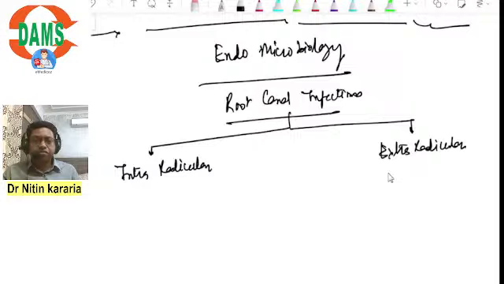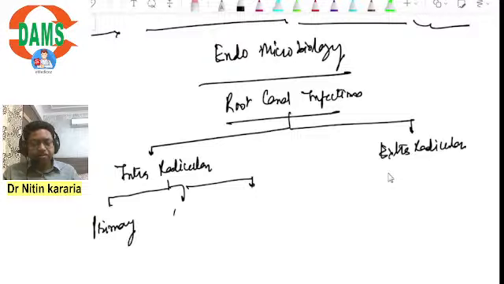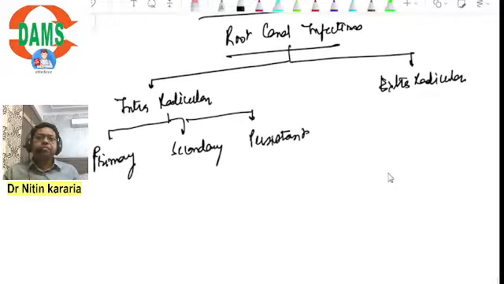Intraradicular is the more common type of root canal infection. These are again categorized into three principal types: primary infection of the root canal, secondary infection of the root canal, or persistent infection of the root canal.